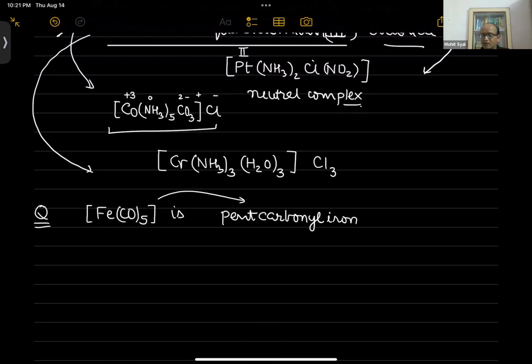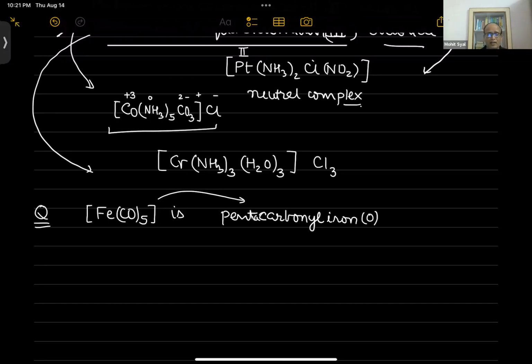Got it? And what is the oxidation state? Carbon monoxide is neutral. The pentacarbonyl iron, this is penta, not right. Iron 0. Got it? So this is a metal carbonyl.